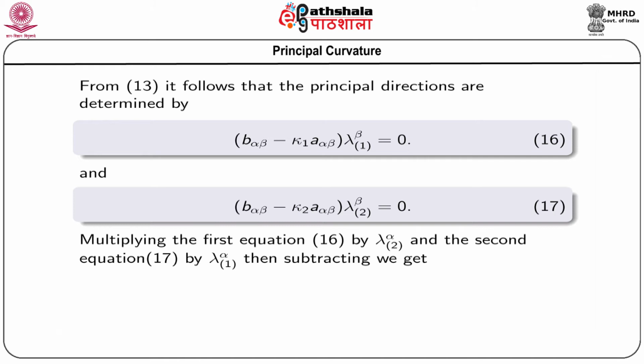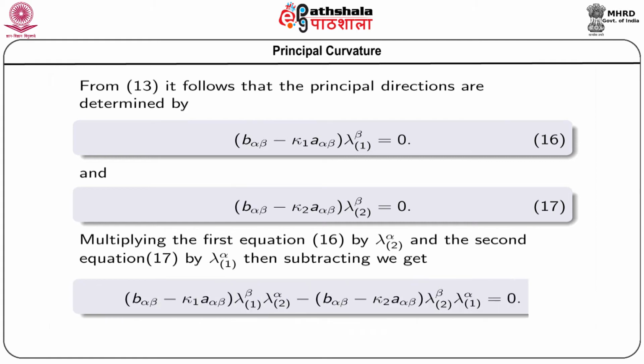Now, multiplying the first equation by lambda alpha 2 and the second equation by lambda 1 alpha, and then subtracting, we get this one: (b alpha beta minus kappa 1 a alpha beta) lambda 1 beta lambda 2 alpha minus (b alpha beta minus kappa 2 a alpha beta) lambda 2 beta lambda 1 alpha equals to 0.